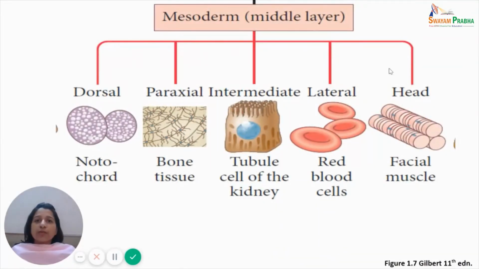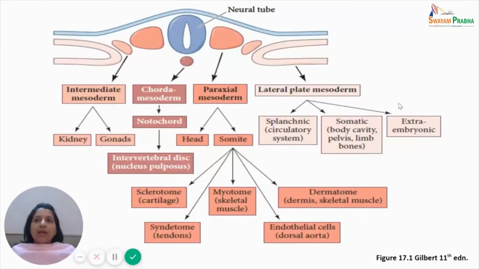The function of gastrulation is to place mesoderm in between the ectoderm and the endoderm. Now, the mesodermal regions and their derivatives may be summarized into 5 different parts: the dorsal, paraxial, intermediate, lateral, and head. The regions of the trunk and head mesoderm and their derivatives may be summarized better in this illustration as shown here.